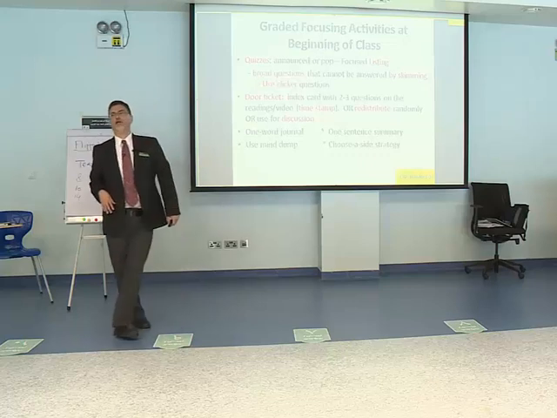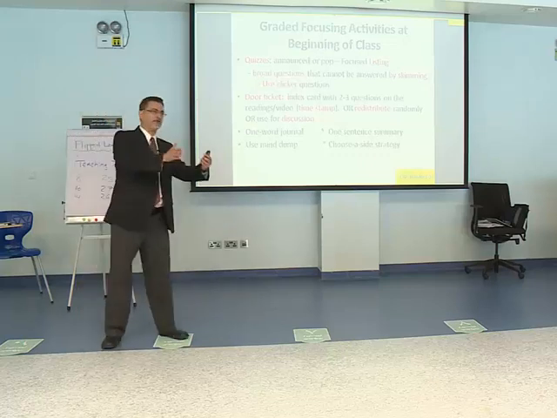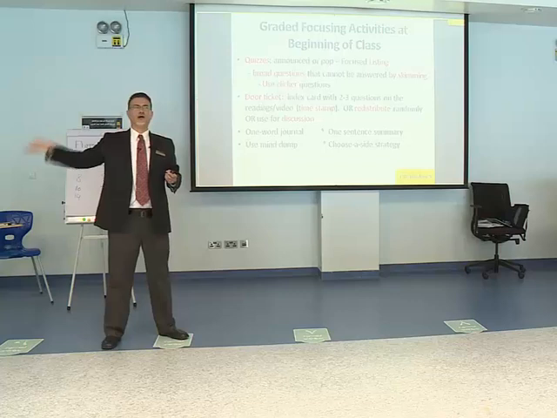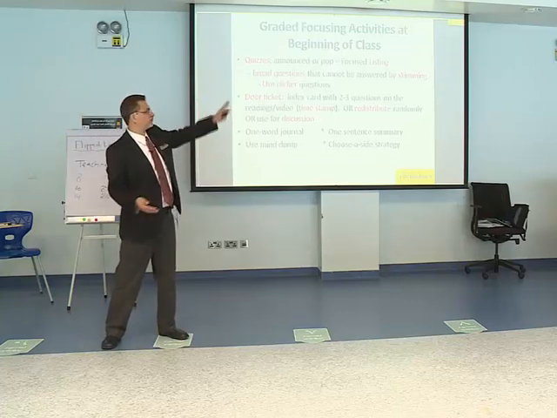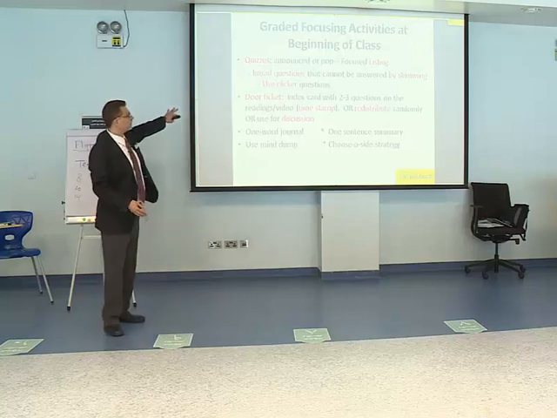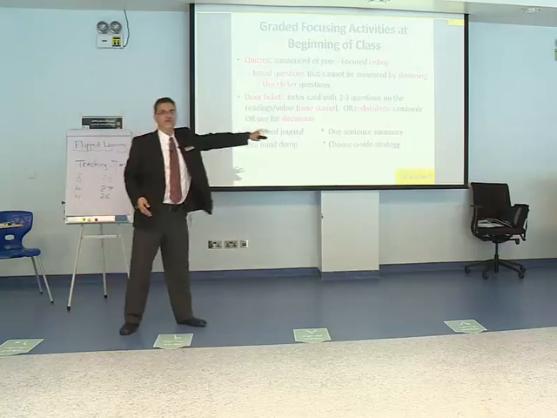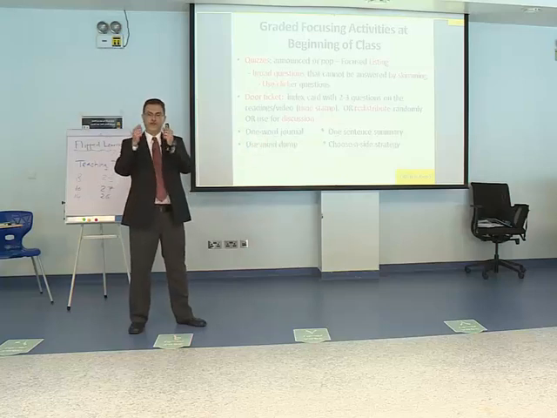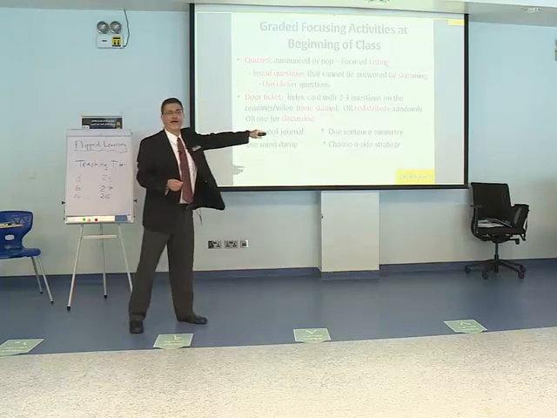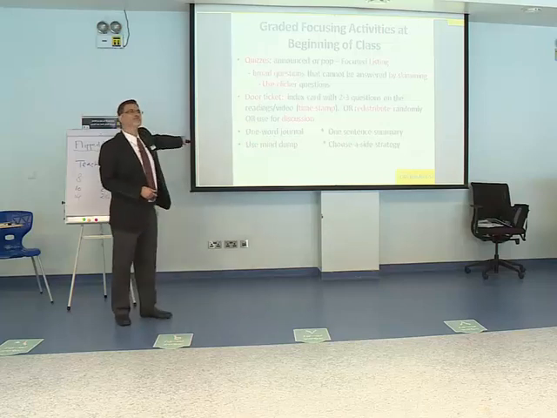Choose a side strategy. If you have a topic that you can divide between pros and cons, I agree with this or I don't agree with this, I would write these two topics, against and with, and ask them when they come in class to put a post-it note with which side they are with.